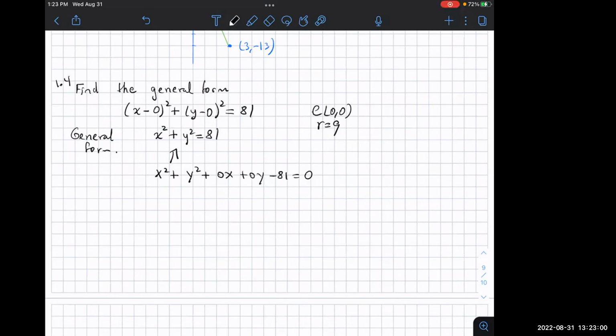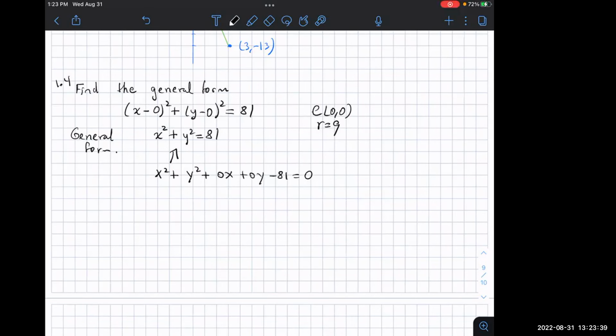Okay, let's see if I can find that problem. Yeah. Maybe they want you to put plus 0x plus 0y, I don't know. Oh, possibly, yeah. It's a possibility. Maybe I have to write that whole thing, 0x, 0y.